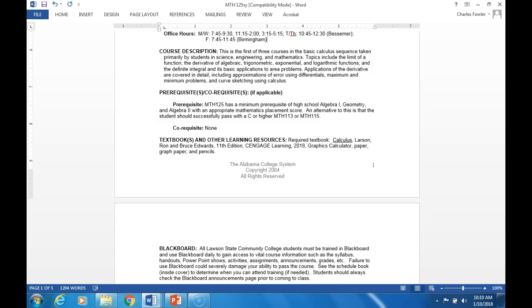Maximum and minimum problems, that's basically 3.1, extrema of integration. And curve sketching using calculus, 3.6 is a summary of curve sketching.